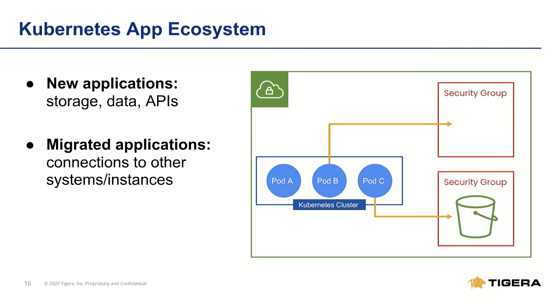Oftentimes, that data is going to be housed inside of a security group. You might also have pods that connect out to third-party APIs. For example, you might need some telco-type services and connect out to a Twilio.